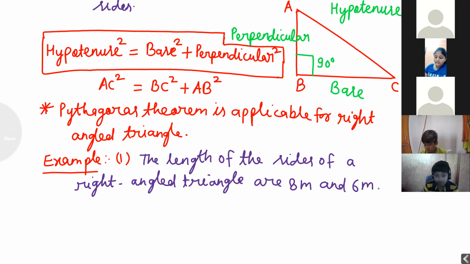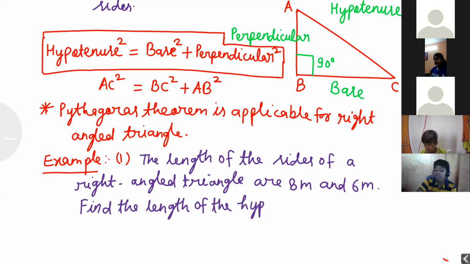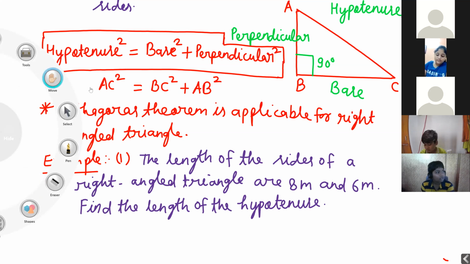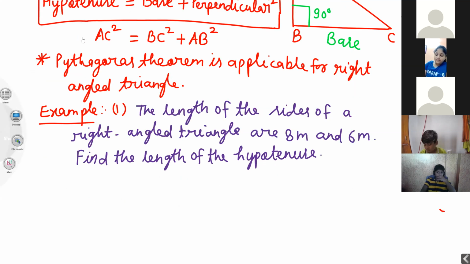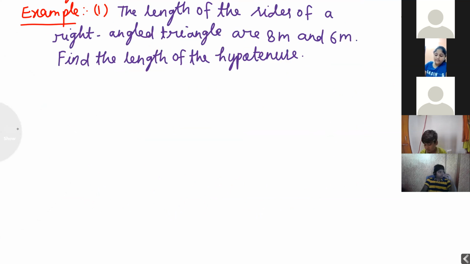Find the length of the hypotenuse. Very easy question. Solution.